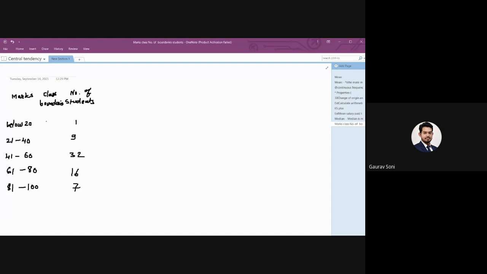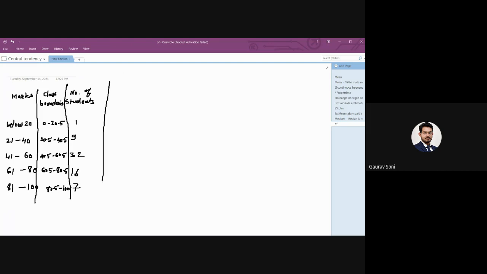That will be 0 to 20.5, then 20.5 to 40.5, then 40.5 to 60.5, then 60.5 to 80.5, then 80.5 to 100. Now these are my class boundaries. There is a gap of 1 unit, and that's why we are taking class boundaries over here.